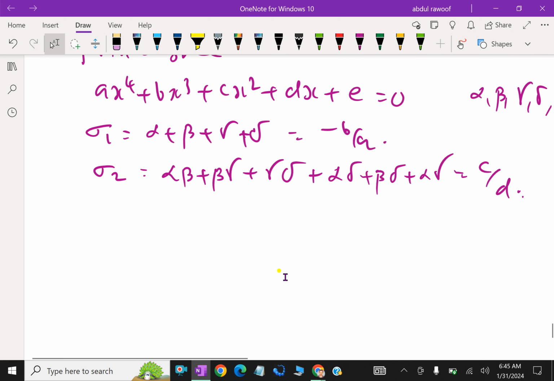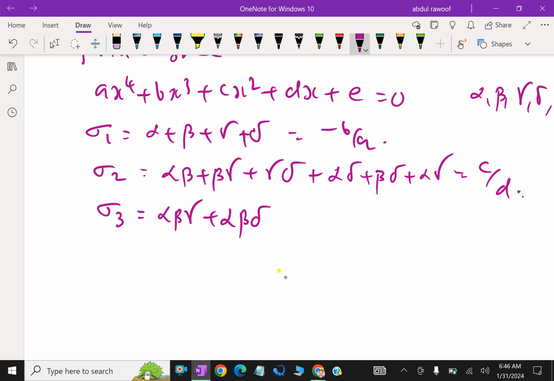Then sigma 3 is the product of three roots: alpha beta gamma plus alpha beta delta plus alpha gamma delta plus beta gamma delta, which is equal to minus d by a.